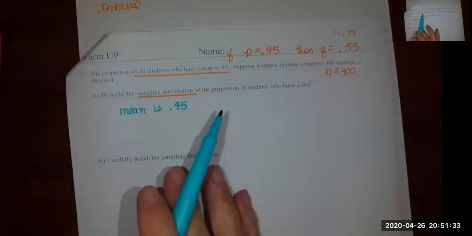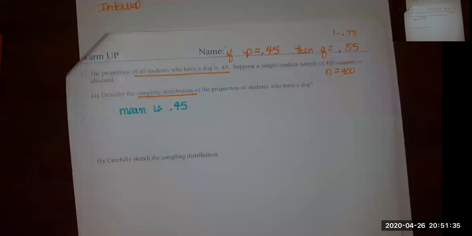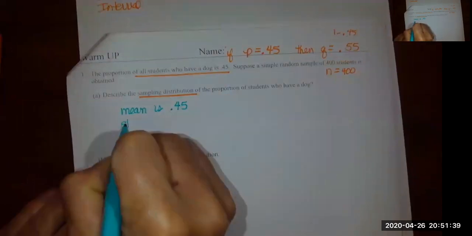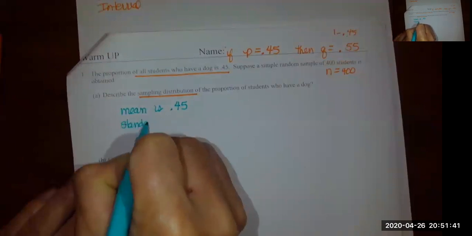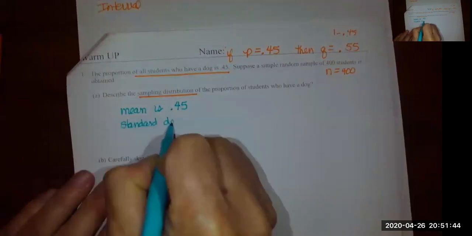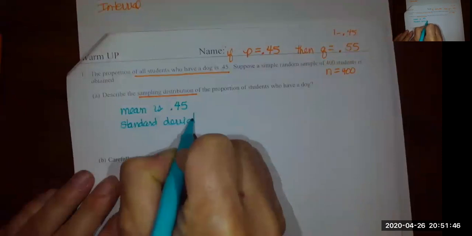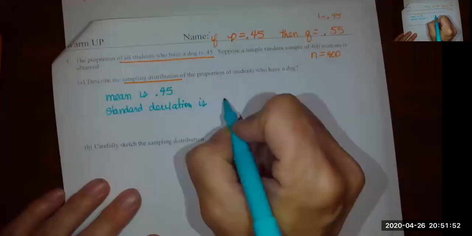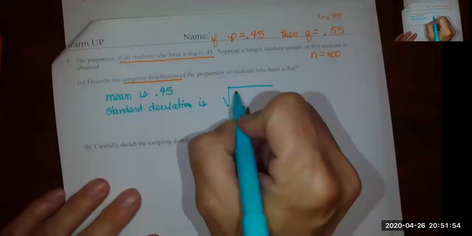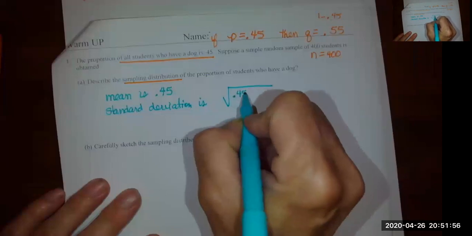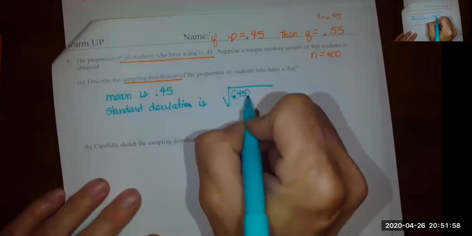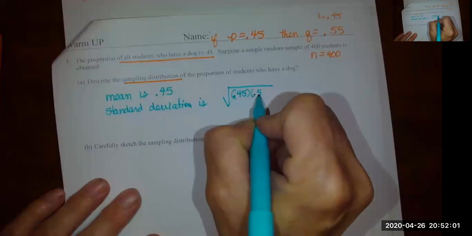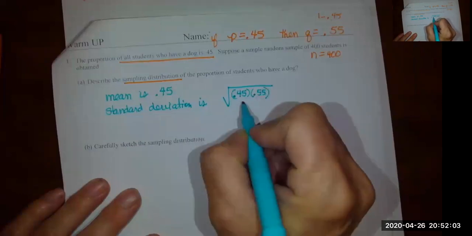Because it said the proportion of all students who have a dog is 0.45, so that tells you your mean. And your standard deviation is the square root of P times Q all over N.